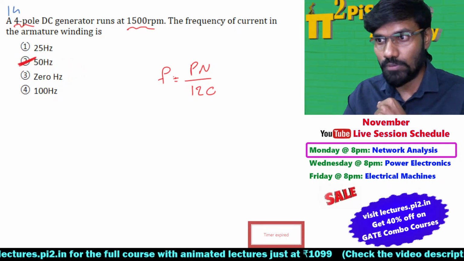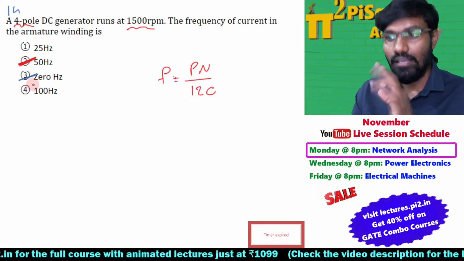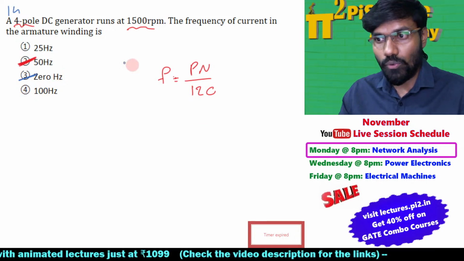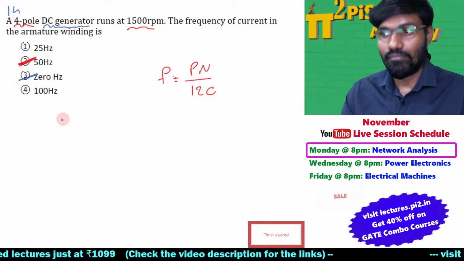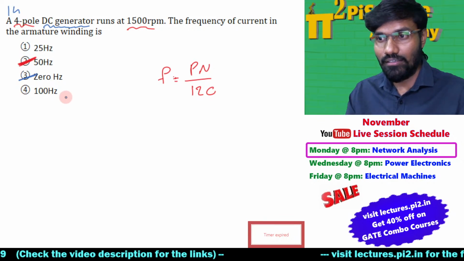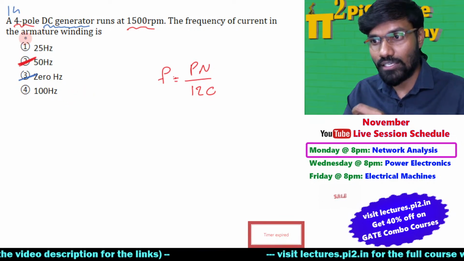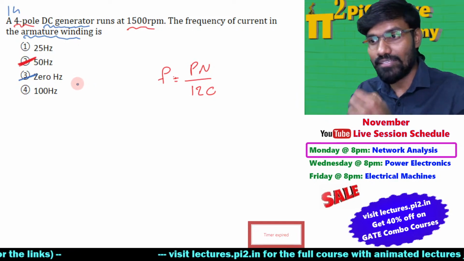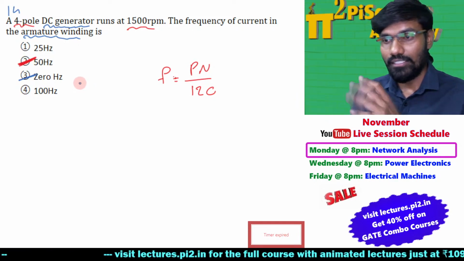Those people who are answering 0 hertz, I'll tell you a point to note here. Though it is a DC generator, inside the armature winding the current flowing is actually AC. It's not DC.